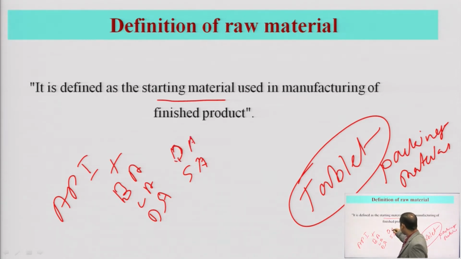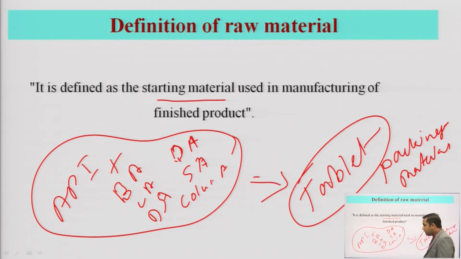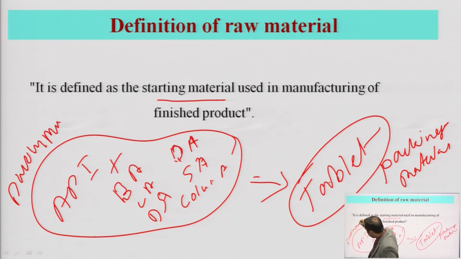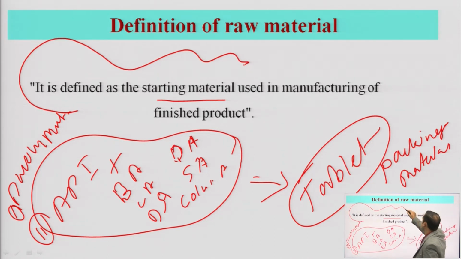You might have some agents used as coloring agents. So, all those things you used to make the tablet. Other than that, you have used lots of packing material for packing. So, all these ingredients will be called the starting material, and that starting material is known as the raw material.